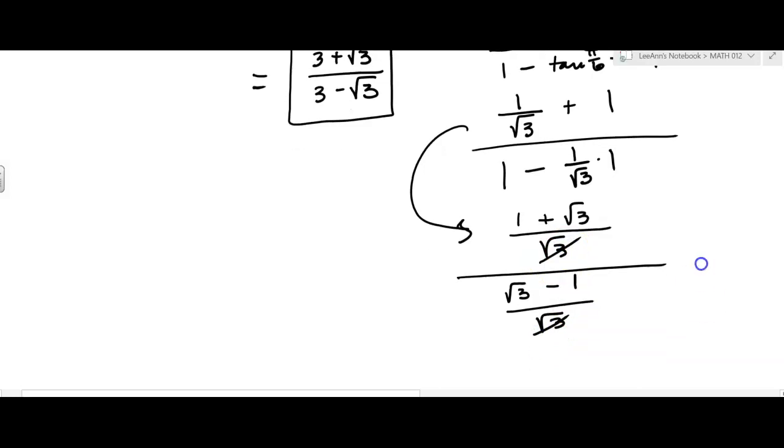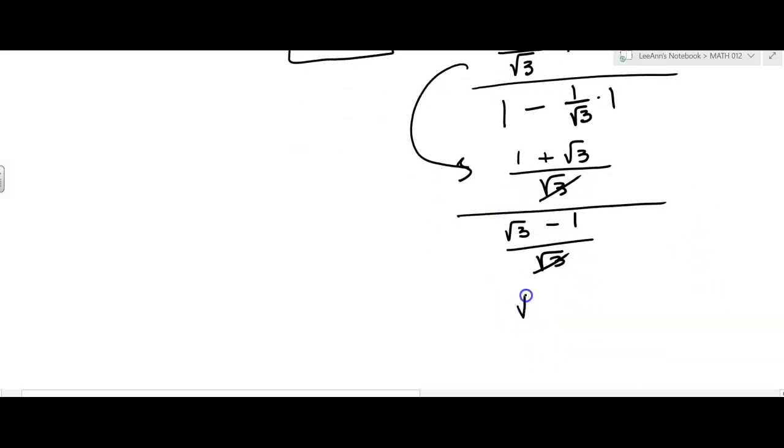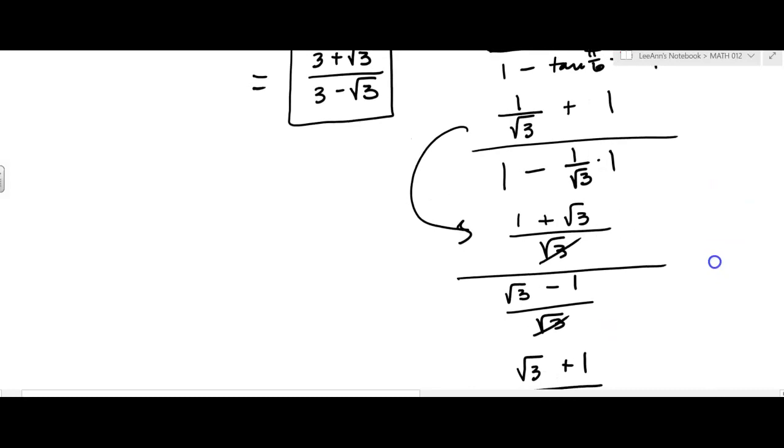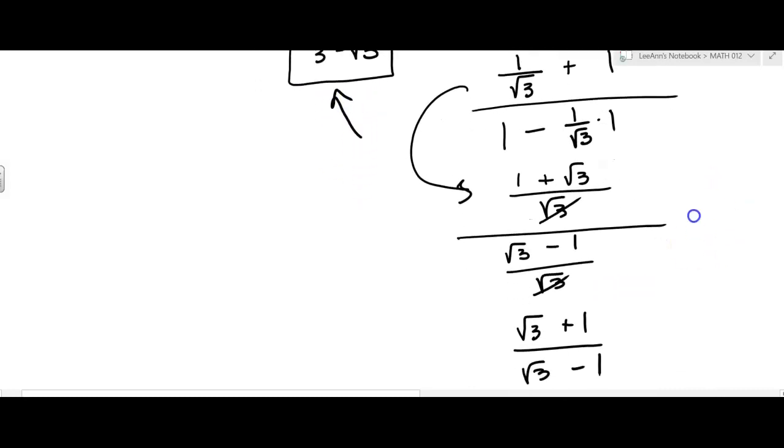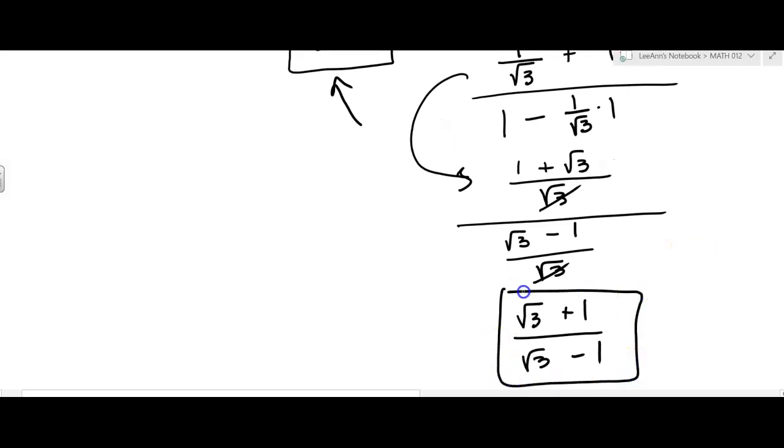And then just the one little modification they made is they wrote square root of 3 plus 1 over square root of 3 minus 1. Now, it does look different than my answer. My answer looked like this. Their answer looks like this. It's okay. They're equivalent. Okay, they're the same value.